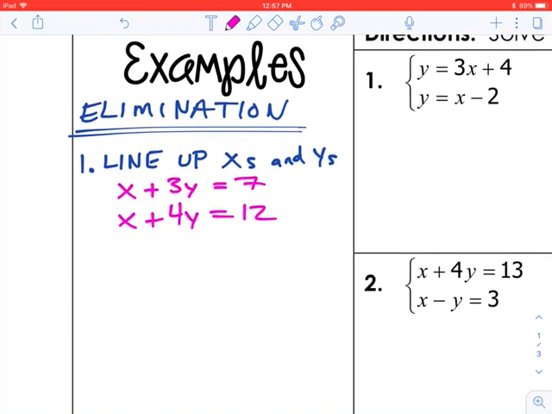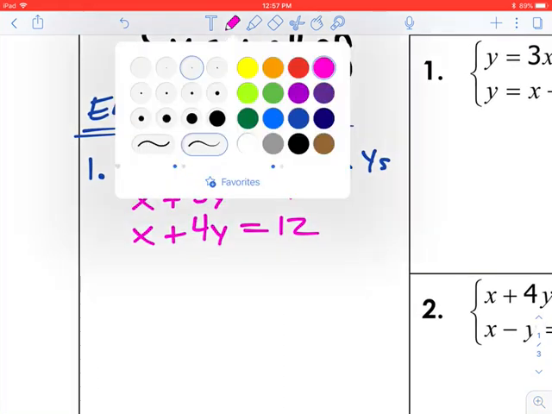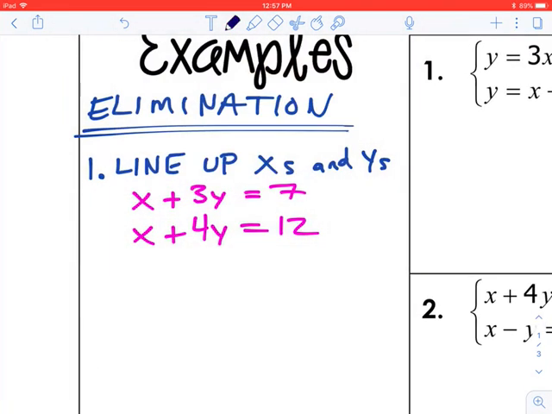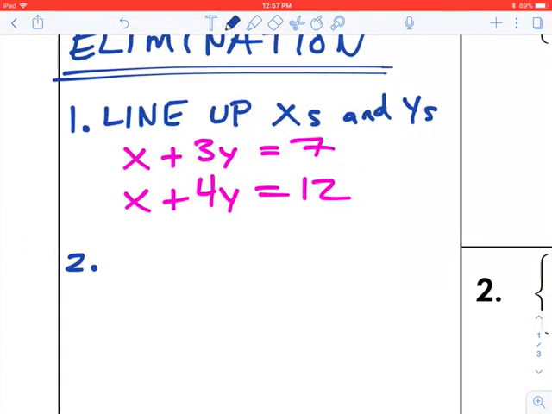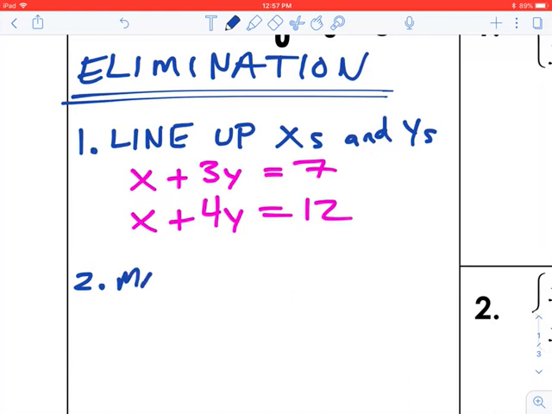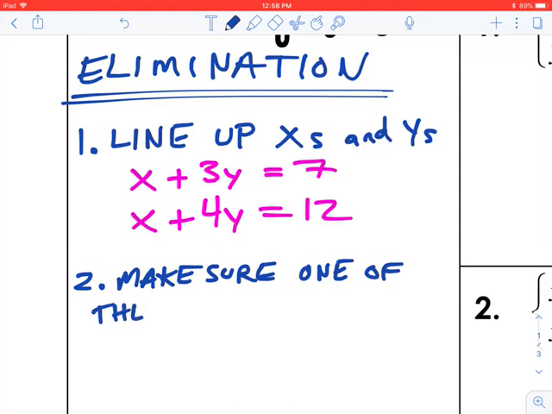All right? So the next step, once we have those lined up, we are going to make sure one of the variables are opposites.